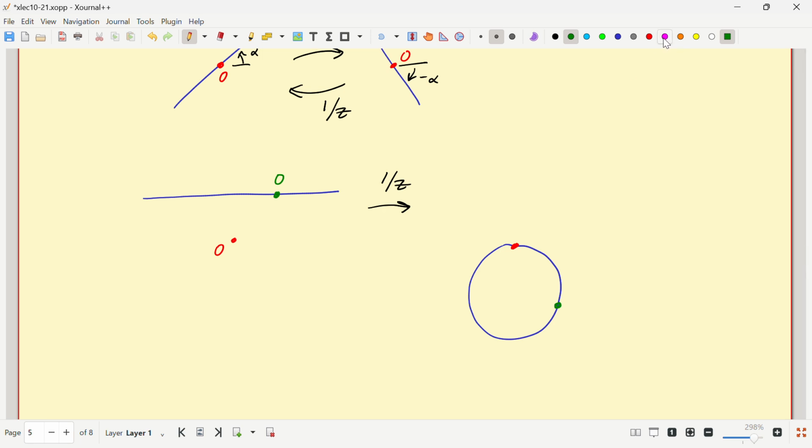And how about a purple one over here? These would be symmetrically placed. So that's 0. Anyway, that takes a line to a circle. And the inverse is itself, and so 1 over z also takes that circle to that line.